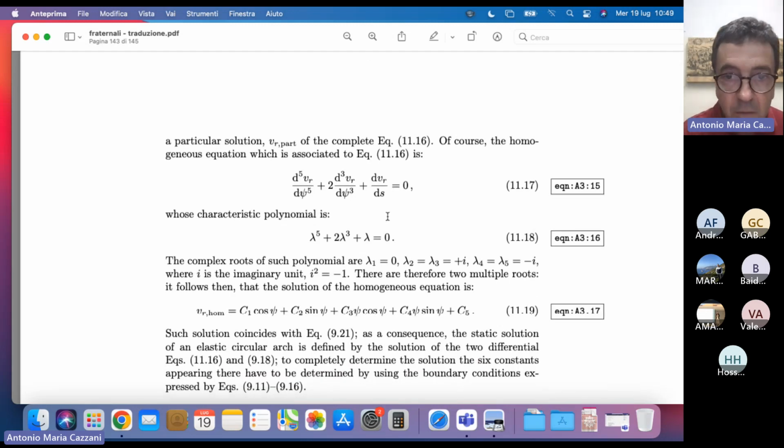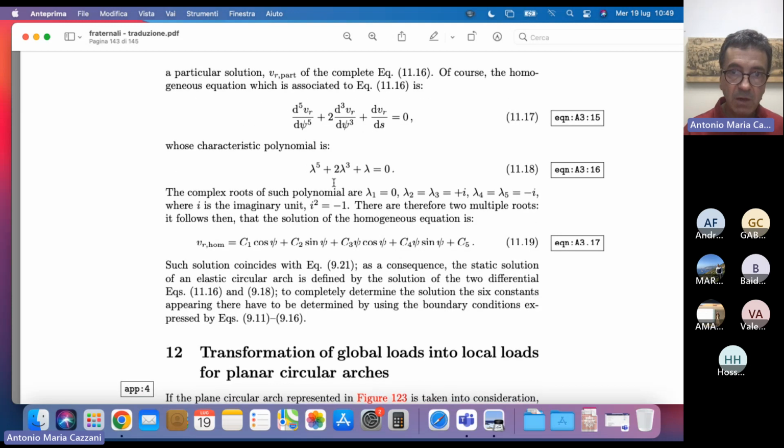With the usual substitution, we assume that VR has an exponential form, something like e to the lambda psi. We can then replace here, and we get a characteristic polynomial of this kind: lambda to the 5th power plus 2 lambda to the 3rd power plus lambda equals 0.